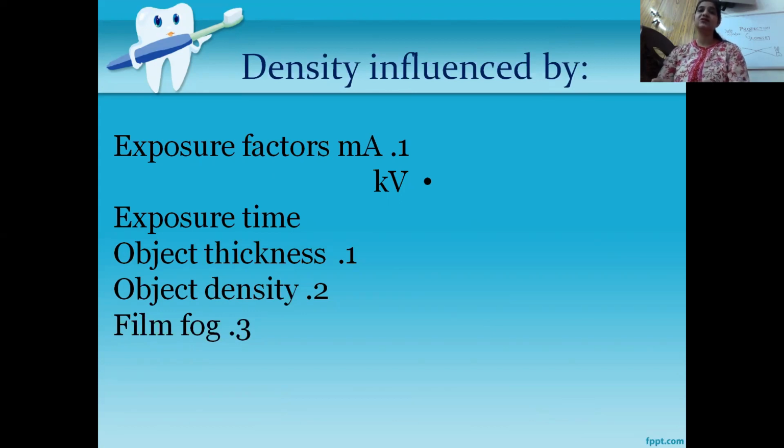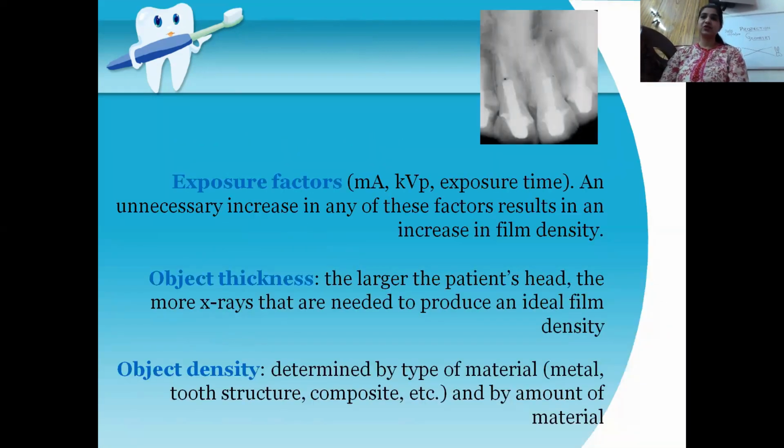Film fog is an effect of scattered radiation, that is unwanted radiation, created because of improper alignment of the X-ray tube and the object, which increases the amount of scattered radiation. Any unnecessary increase in the exposure factors results in increased film density.